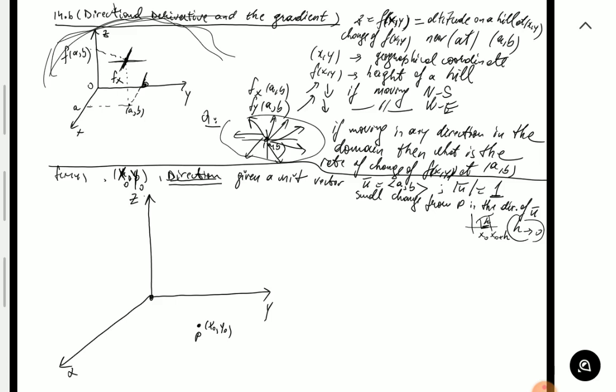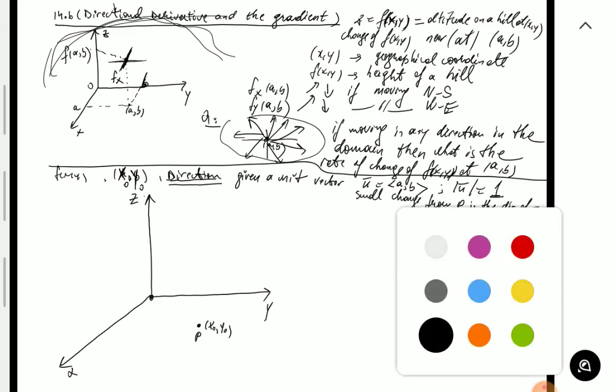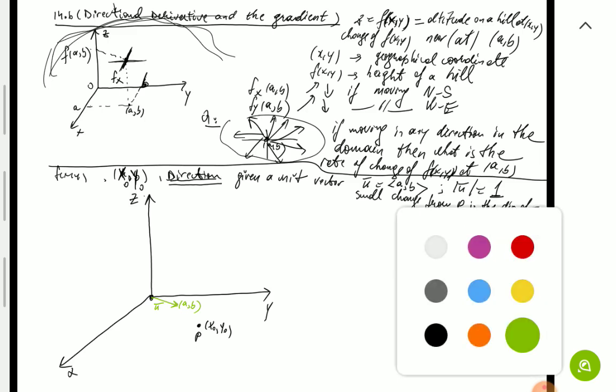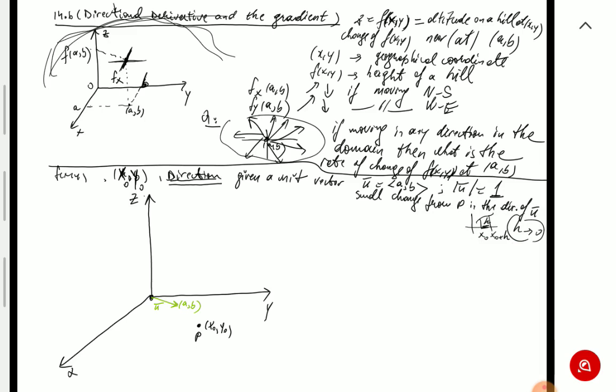So first of all, let's establish a direction. Suppose the direction of motion, a change from the point P, is given by that unit vector, and let's sketch it in component form here with green. So let's say this is the unit vector u, of components A and B. So this point over here has coordinates A, B. And we're going to need to establish a tiny change from P in the direction of u.